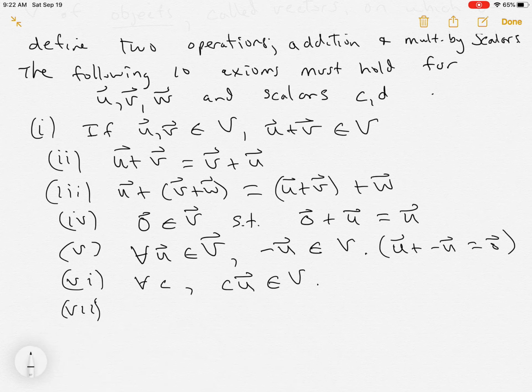And scalars distribute. So if I take a scalar c and multiply it by the sum u plus v, I get cu plus cv.